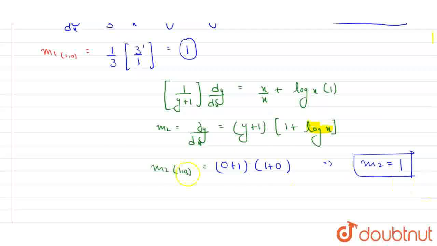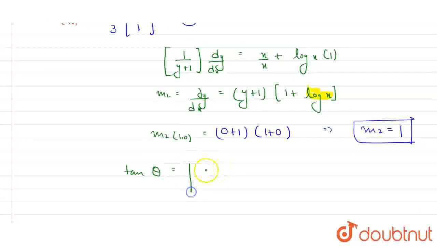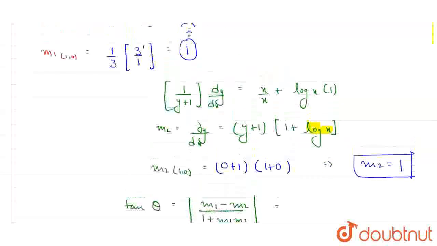Now let's find the angle between these two curves. We know there is a formula: tan theta between two curves is equal to (m1 - m2)/(1 + m1 m2). This is the formula for finding the angle between two curves. Now substitute both m1 and m2 values, which are 1.